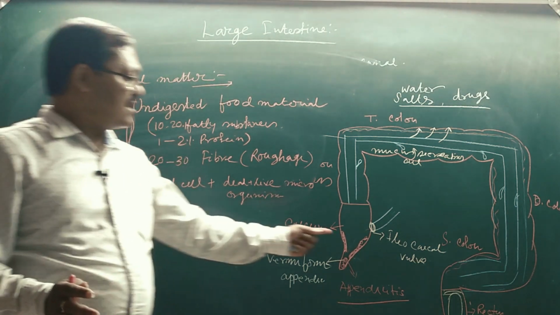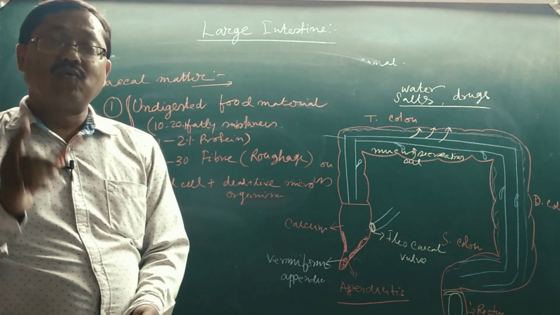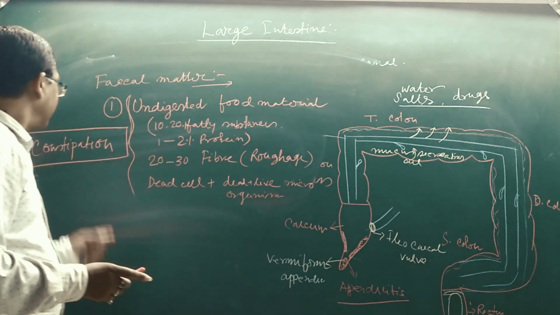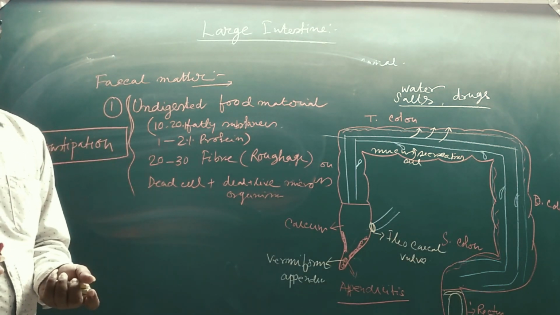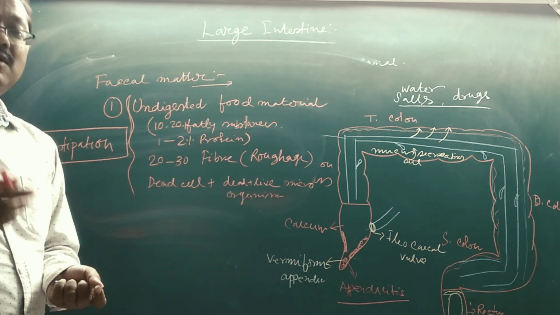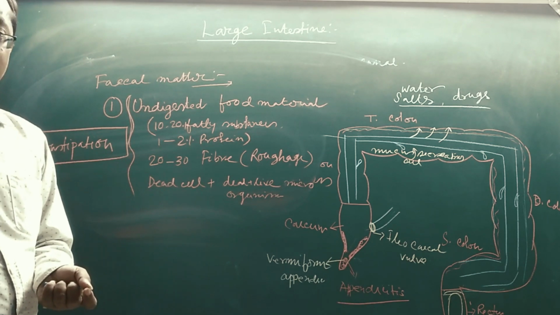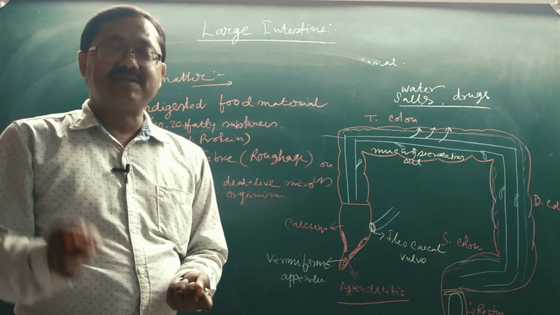Several internal dysfunctions as well as our food habits generally create this constipation abnormality. In this case, we should take a huge amount of water, as well as grains and several vegetables.